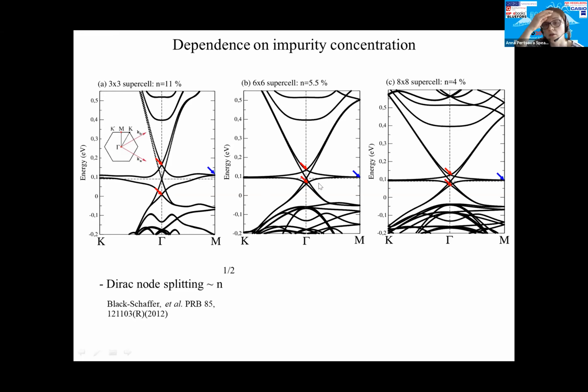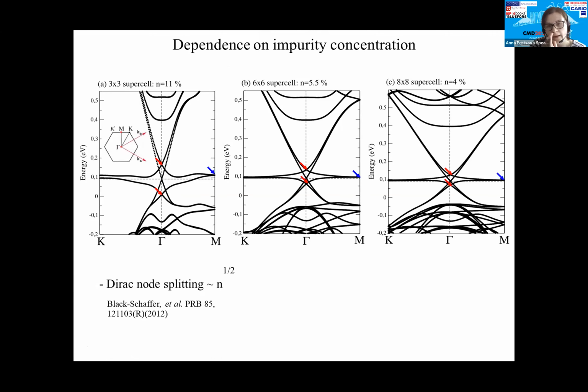When we decrease the concentration, the splitting decreases and the impurity band flattens out. It can be shown that the splitting goes as the square root of the impurity concentration.